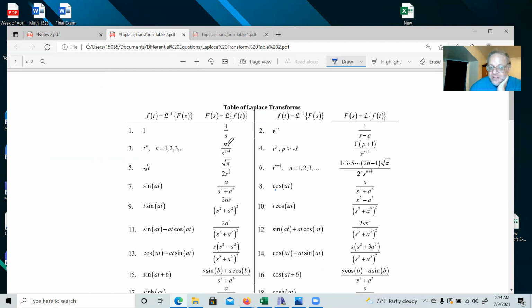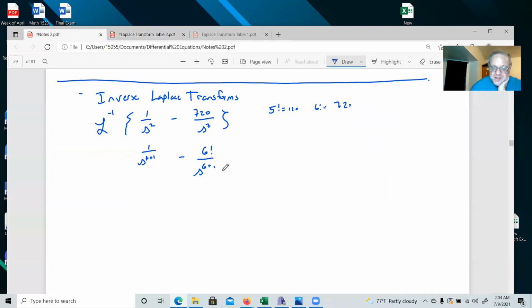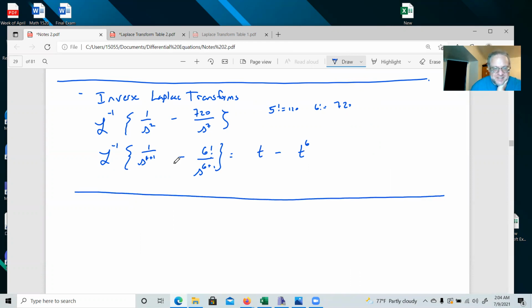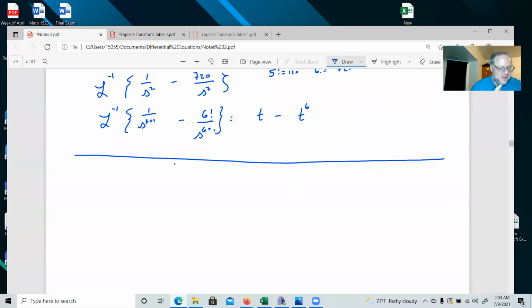And 6 factorial over s to the 6 plus 1, that would be t to the 6th. So the inverse Laplace transform of this, right back into t, it's going to be t minus t to the 6th. All right? They get harder, I promise.